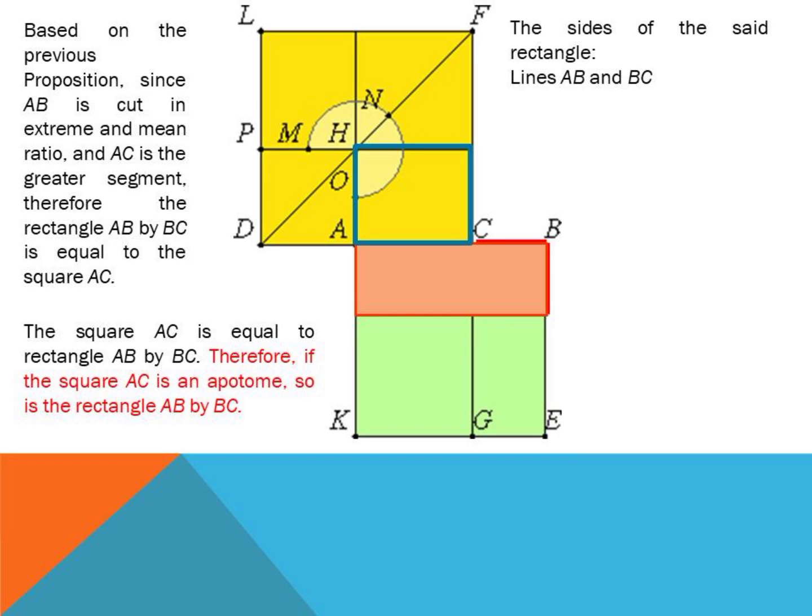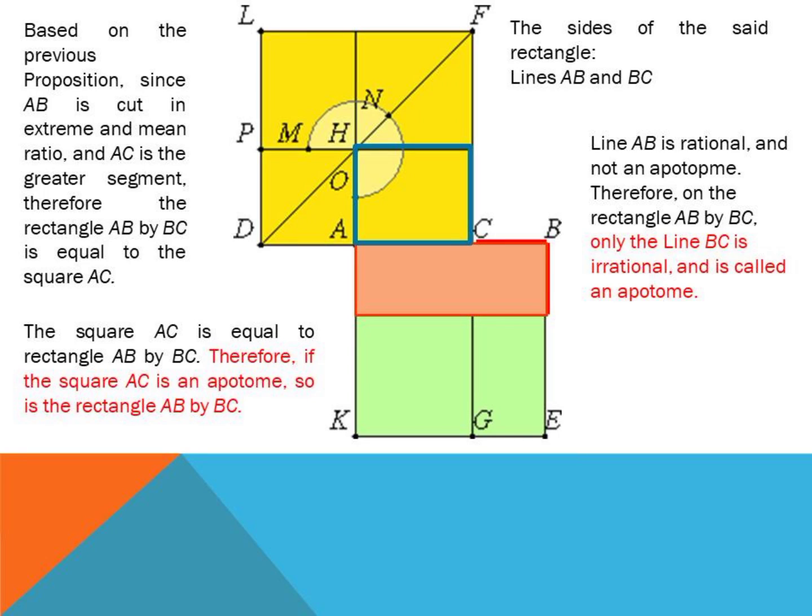But take note that the sides of the said rectangle consist of two lines, which are the lines AB and BC. And remember that the line AB, the original line, is rational and not an apotome. Therefore, on the rectangle AB by BC, only the line BC is irrational and is called an apotome.